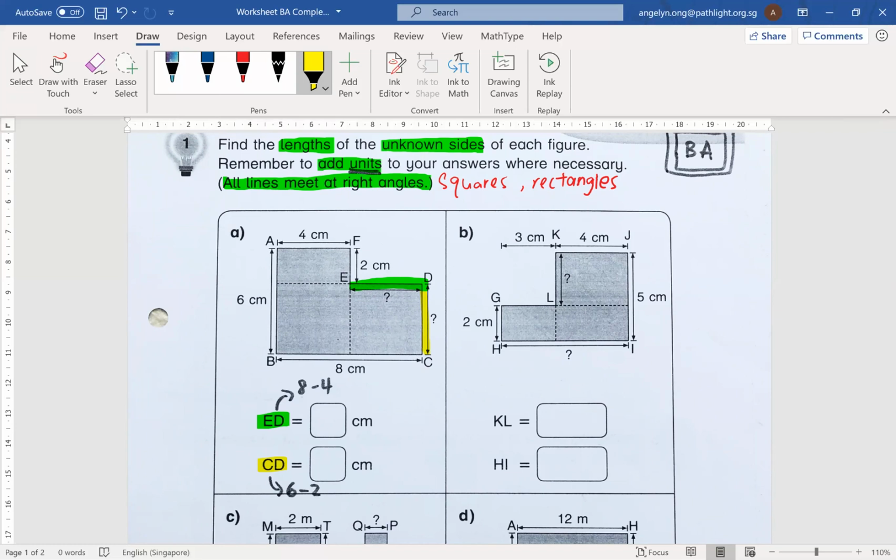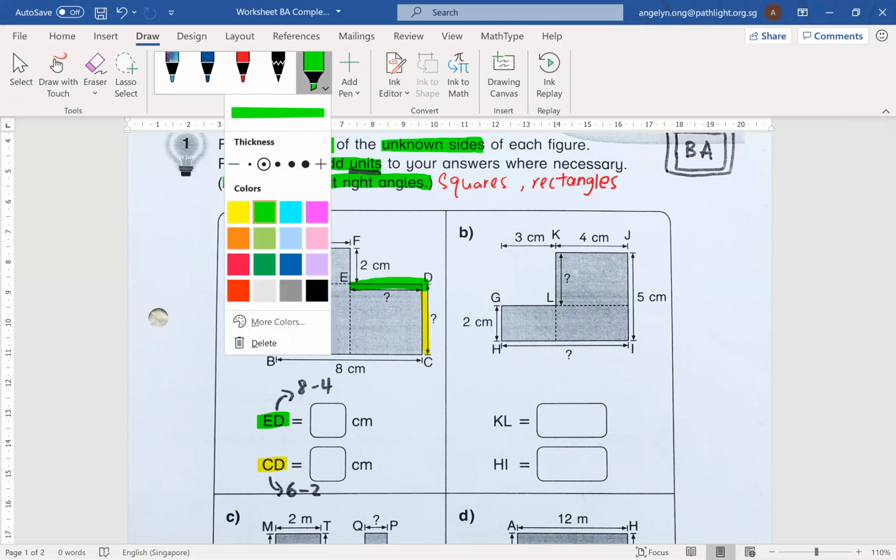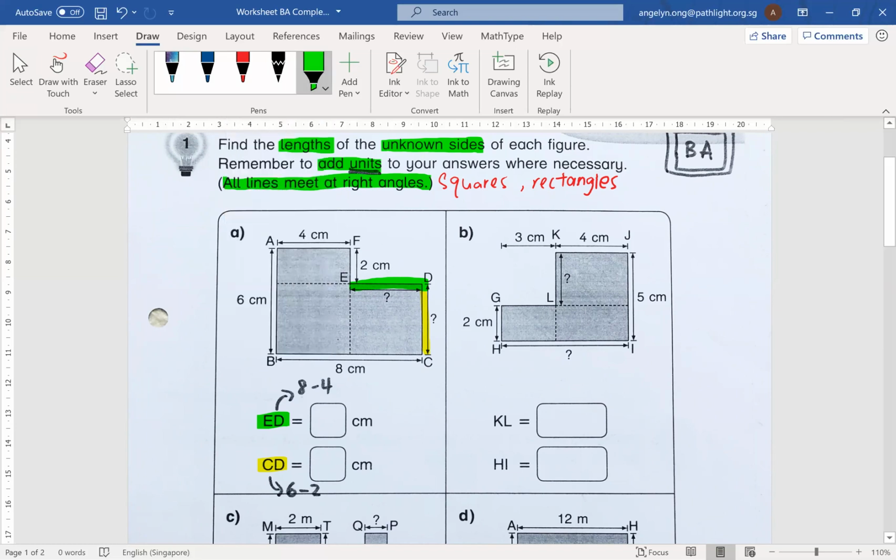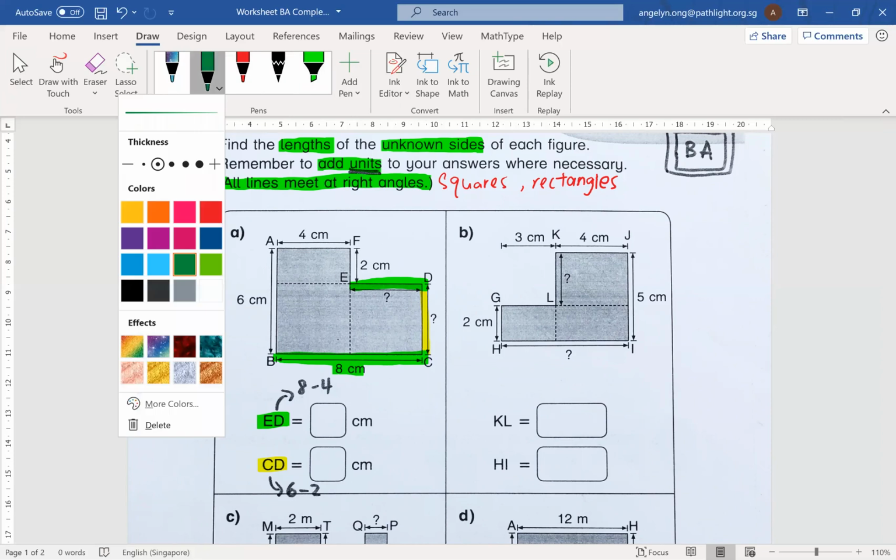Now, how do we know how long ED is? Let's take a look at the line BC. This one here is 8 cm. Now, you can see that you can cut BC into two parts. The first part, I'm going to use green, is AF. You can bring AF down like this.